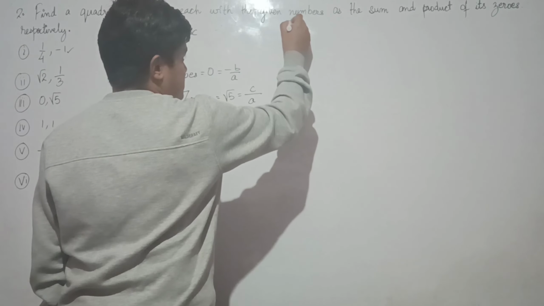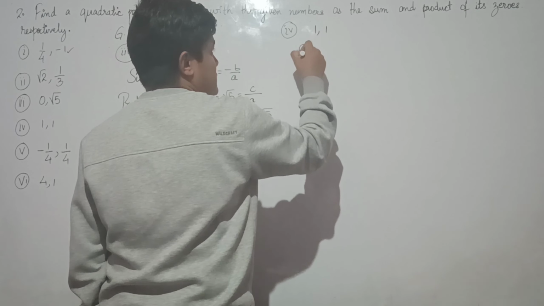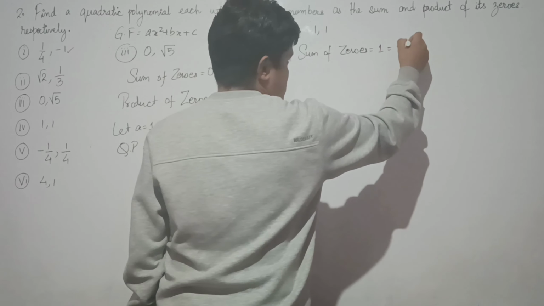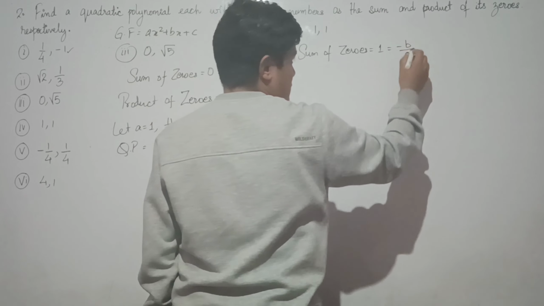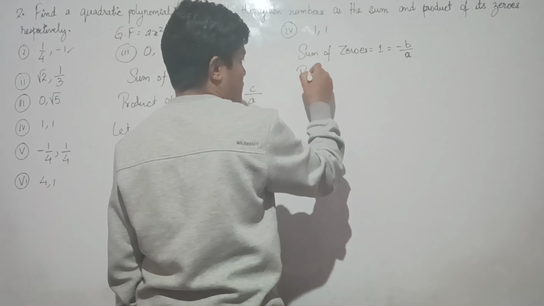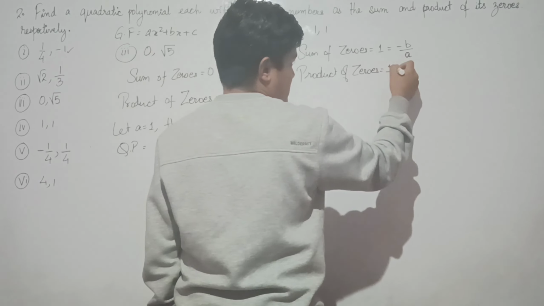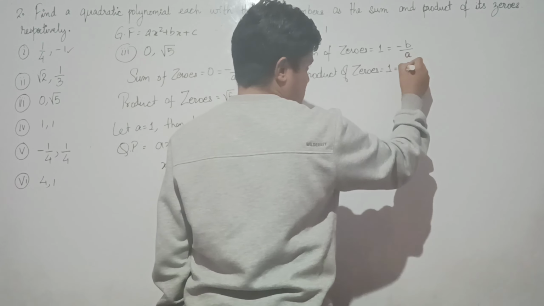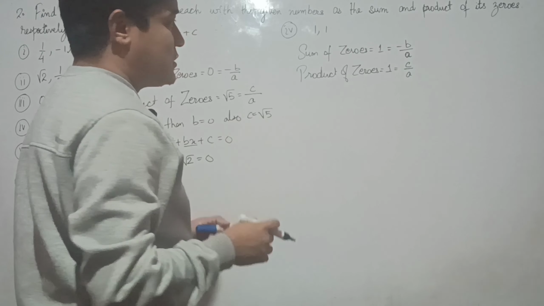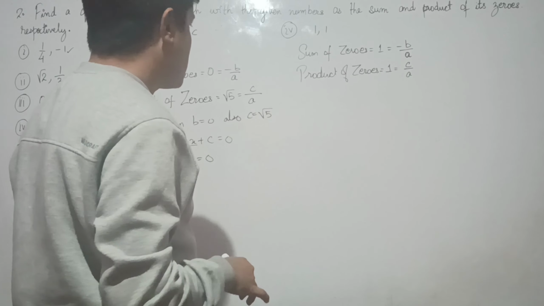So question number 4, 1 and 1. Again, sum of zeros equals to 1 equals minus b by a, minus coefficient of x by coefficient of x square, product of zeros equals to 1 equals to constant term by coefficient of x square. So we are thinking of a as 1 and solving and making the quadratic polynomial.